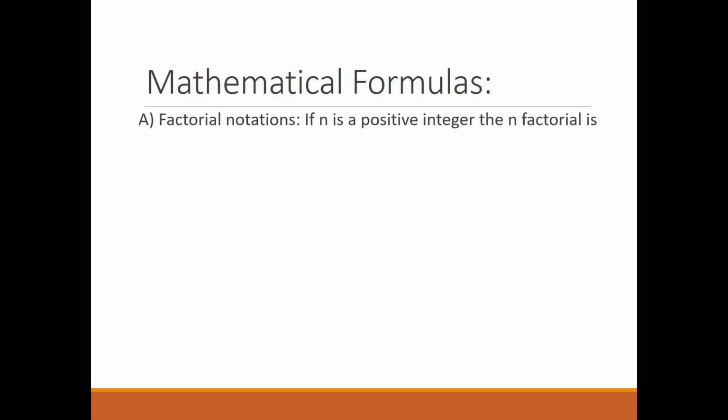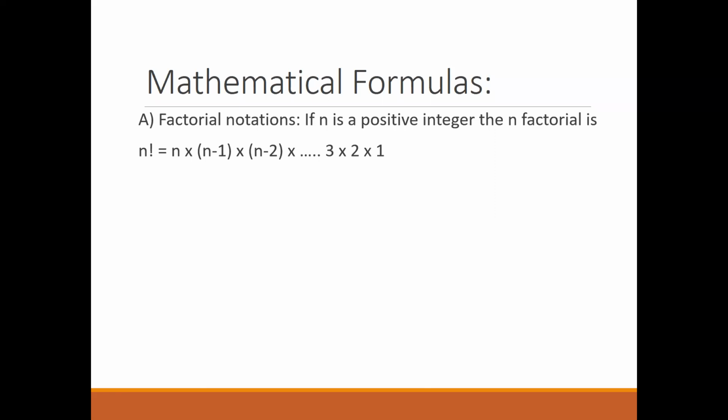The factorial notation, given that n is positive, is given like this. So n and the exclamation mark indicates it's a factorial of n, which is written as n multiplied by n minus 1 multiplied by n minus 2 and so on. If the value of n is 0, for 0 factorial, what is the answer? 0 factorial is always 1. Please remember.